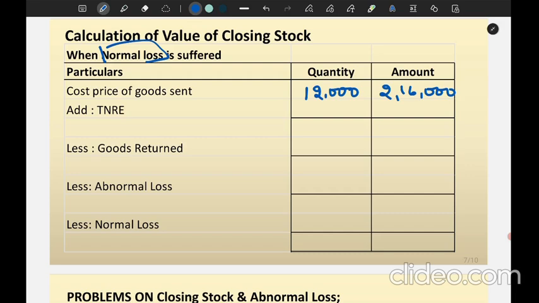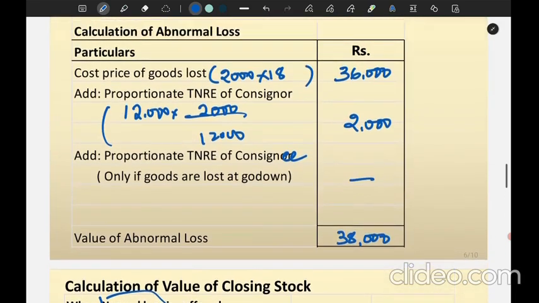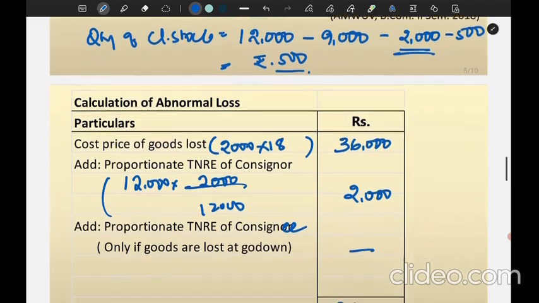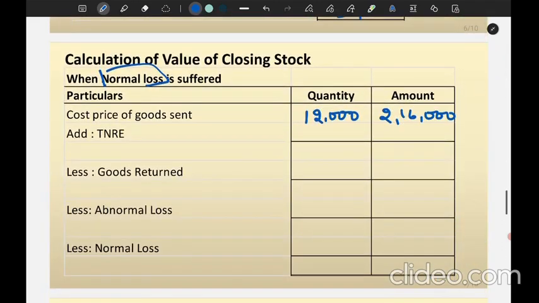If you look at the problem, it is said that the forwarding charges paid by the consignor is 12,000 and consignee has not paid any expenses, then the question of identifying it as recurring or non-recurring does not arise. So this will be 12,000 and this will be 2,28,000.